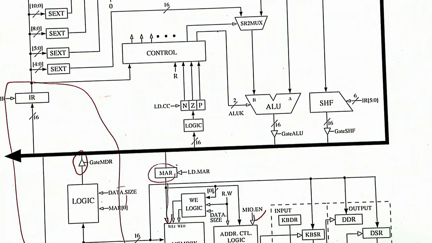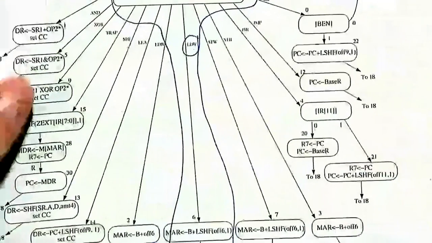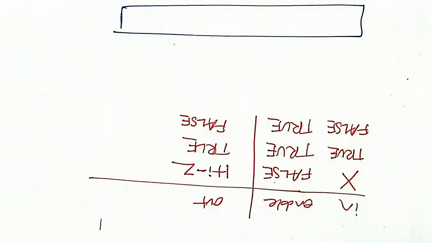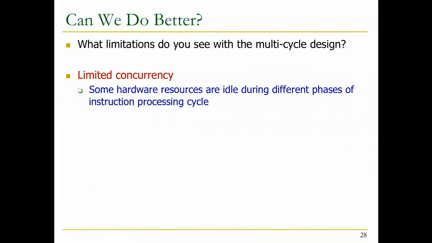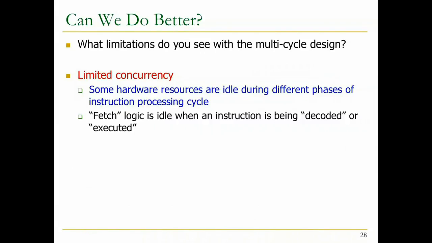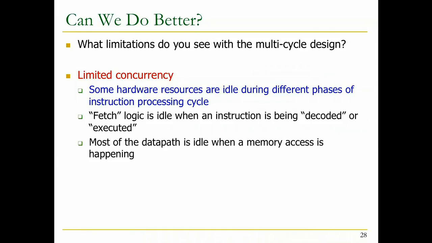That sounds like a waste, especially if you want to improve performance. Basically, that's what limited concurrency means. Idle when you're doing some operations. Basically, some hardware resource is idle during different phases of the instruction processing cycle. For example, fetch logic is idle when an instruction is being decoded or executed. Most of the data path is idle when a memory access is happening.